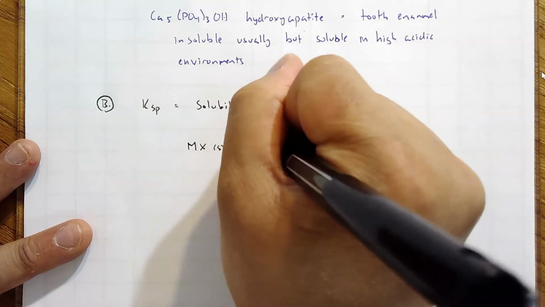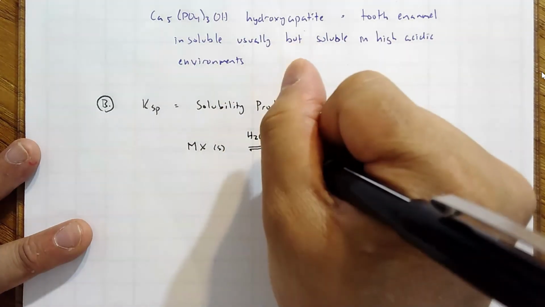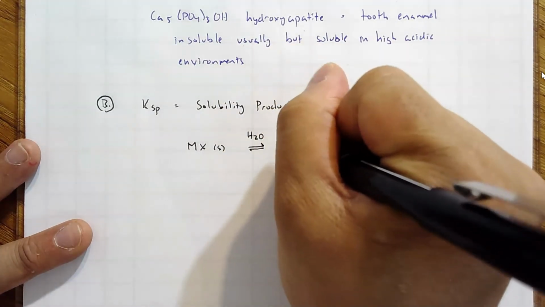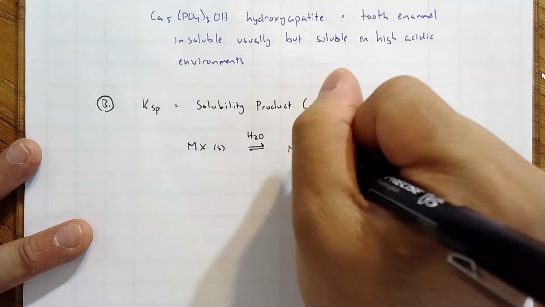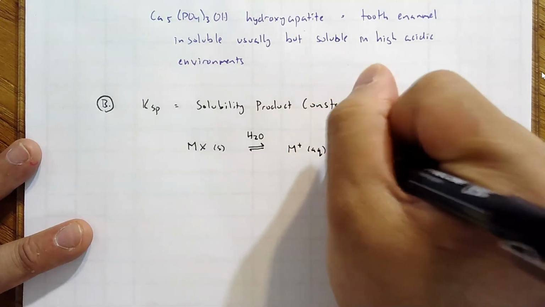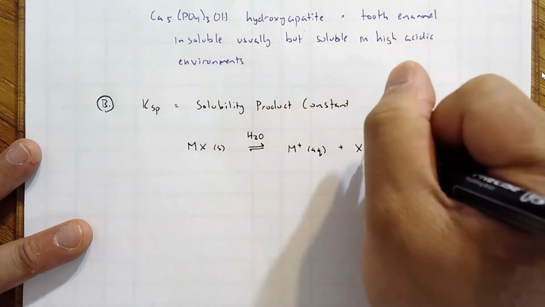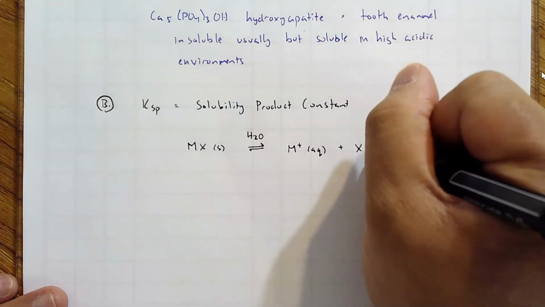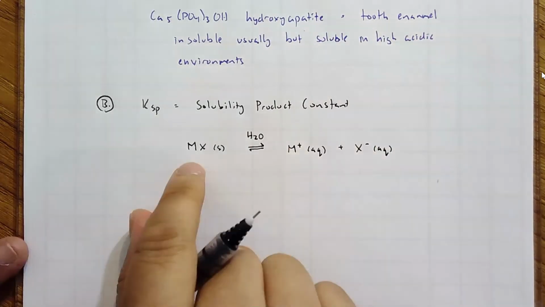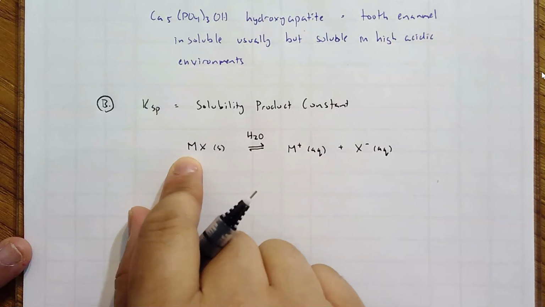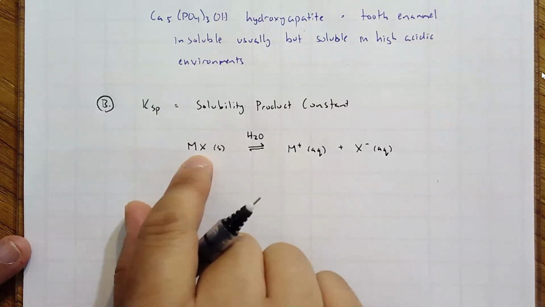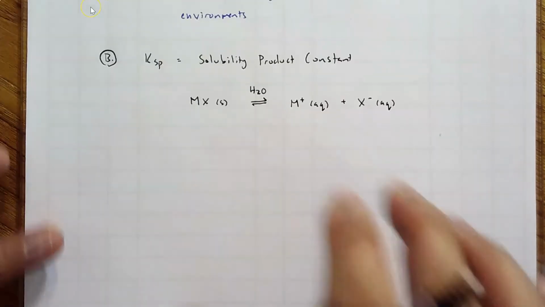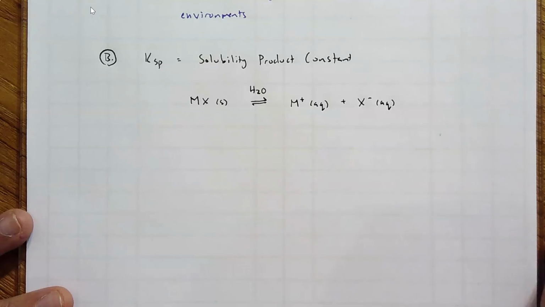You have a metal, in this case positive, aqueous, plus some anion, in this case negative. This could actually be M2+ and X2-, which just reduces to a 1-to-1 ratio, but we'll assume plus 1 and minus 1.